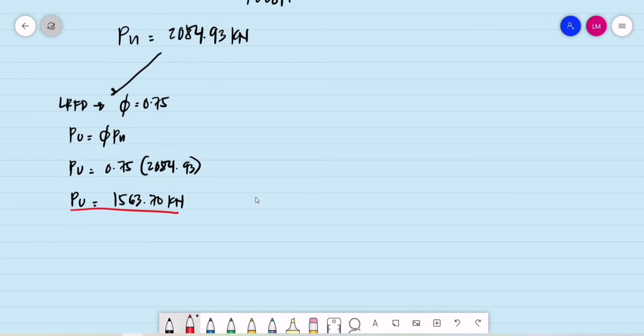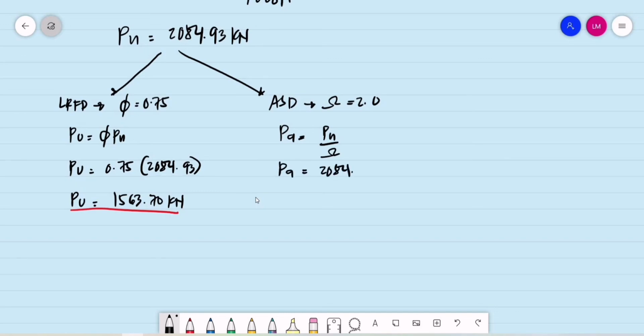Then for ASD, our factor of safety under TRS is equal to 2.0. So the allowable load will be equal to P sub N divided by the factor of safety. So P sub A is equal to 2,084.93 divided by 2.